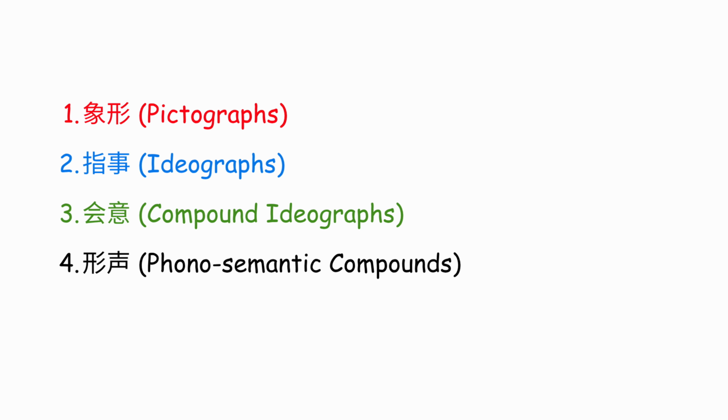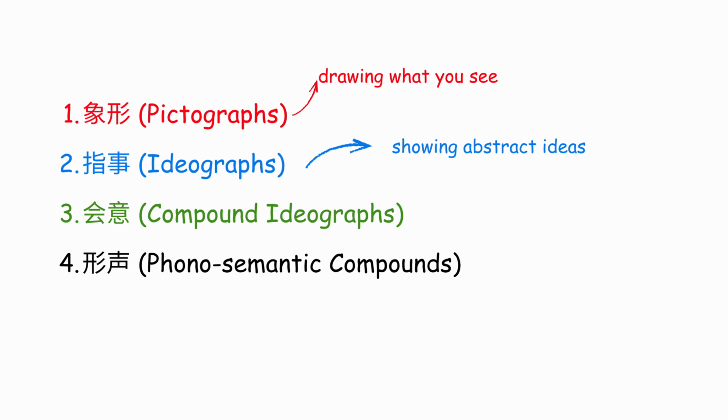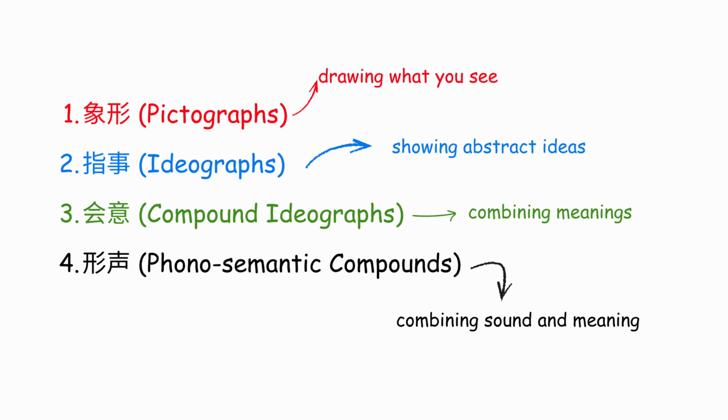Okay, now let's review. The four main ways Chinese characters were created are 象形, drawing what you see, 指事, showing abstract ideas, 会意, combining meanings, and 形声, combining sound and meaning.